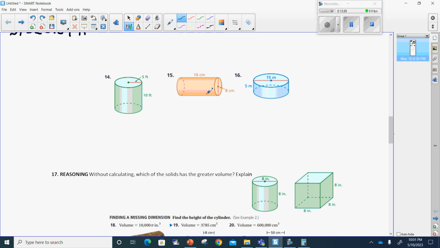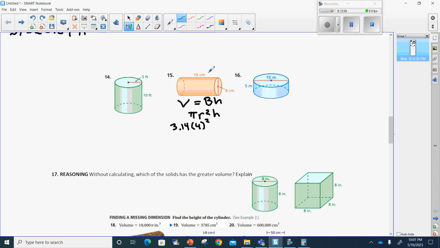I have number 15. Again, we're using that volume formula. Volume equals big base times height. The base, again, is a cylinder. It's going to be pi r squared times h. I know that pi is 3.14. I know the radius is half of 8, which is 4 squared.